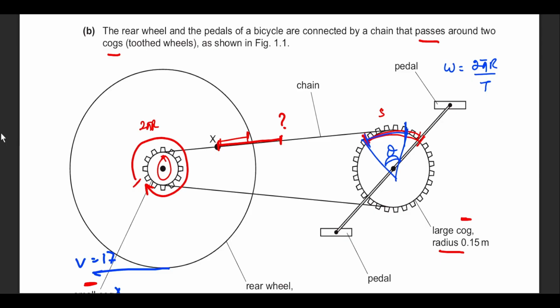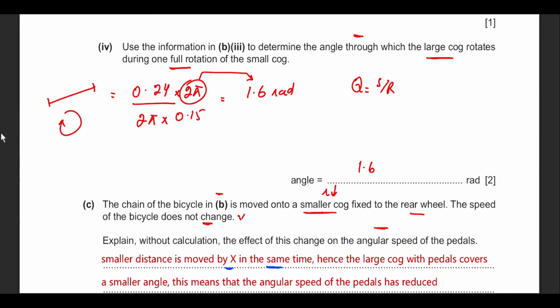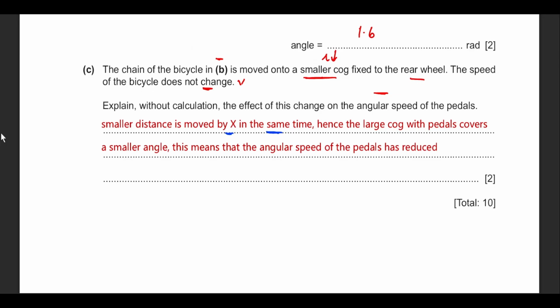So the angular speed we have right now is here. This is going to be a smaller angular speed, right?